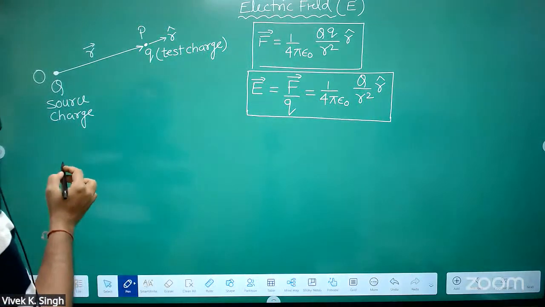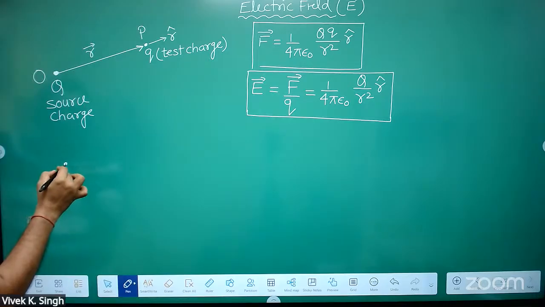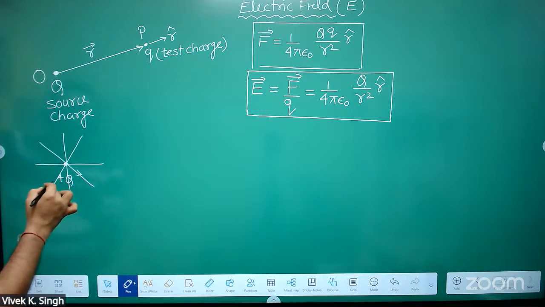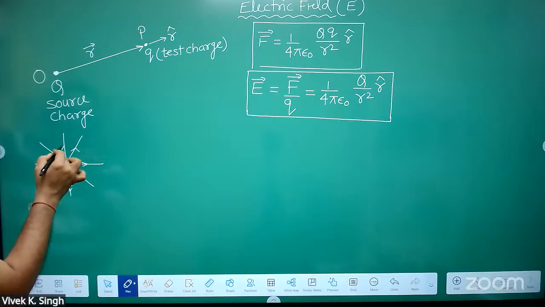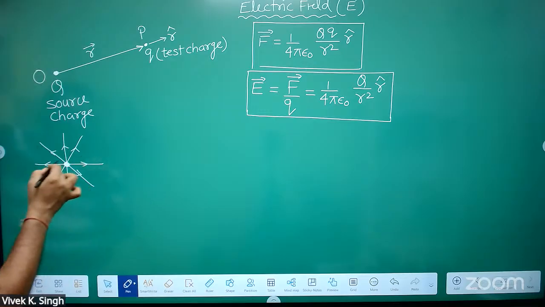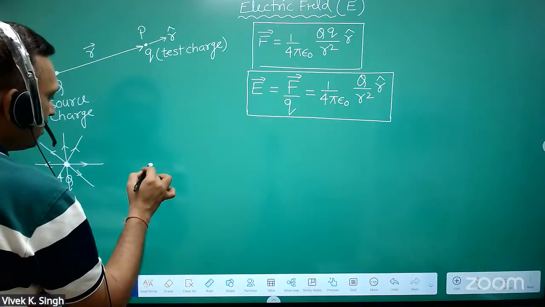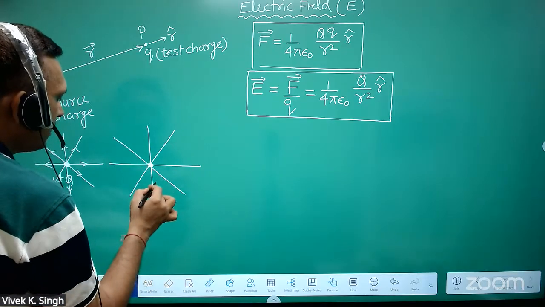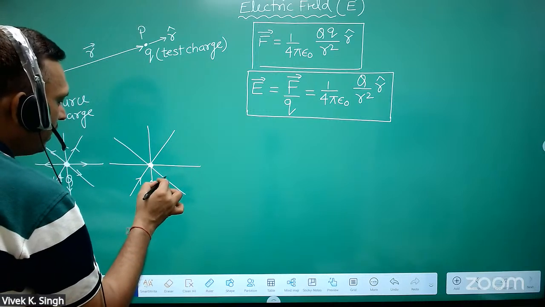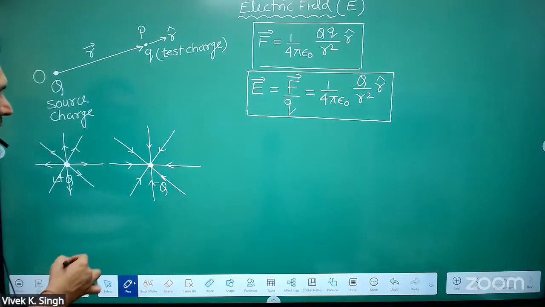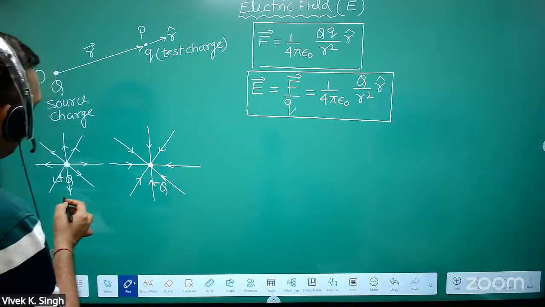If charge is positive, अगर हम इस चार्ज को पॉजिटिव assume करते हैं, suppose यहां पे कोई +Q चार्ज है, तो जो इसके कारण हम फील्ड represent करेंगे वो radially outward direction में होगा, पॉजिटिव चार्ज Q। ठीक है, ये हम फील्ड represent कर रहे हैं because of +Q charge, so this is radially outward. If this is a −Q charge, तो फील्ड ये क्या होगा, ये radially inward हो जाएगा। ठीक है, so this is the field due to +Q charge.